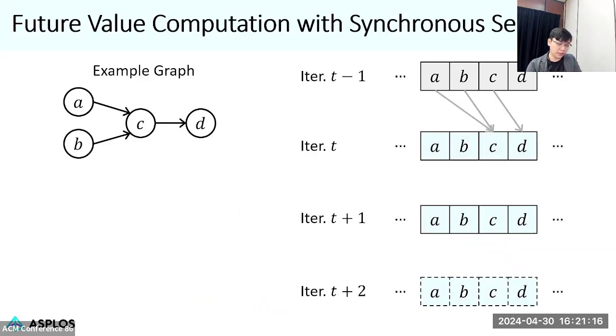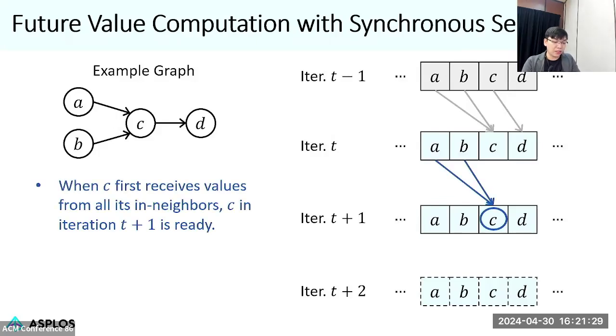We consider this simple graph where the vertex C has two in-neighbors, vertex A and vertex B, and one out-neighbor, vertex D. Suppose that vertex C first receives all the vertex updates from its neighbors, vertices A and B. Then in such a case, the vertex value of C in iteration T plus 1 becomes ready, because no other updates from iteration T can affect the value of C anymore.